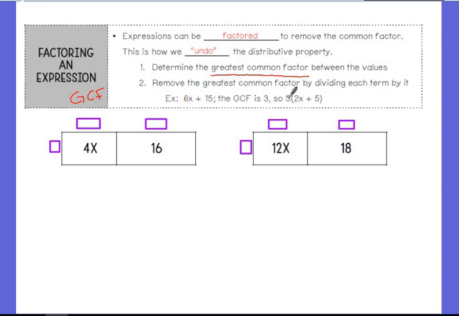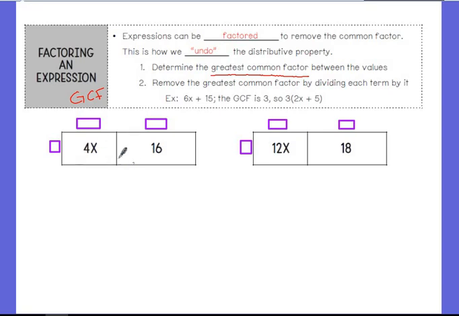So I took out a 3, then I had to ask myself, 3 times what gave me this 6? Well, 3 times 2x gives me a 6x. 3 times what gives me a positive 15? Positive 5 gives me a positive 15. So I worked backwards to get my distributive property.